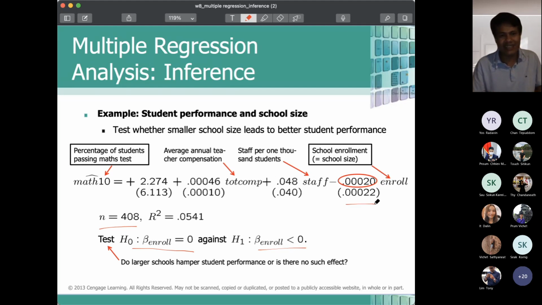You can construct t. What is the degrees of freedom in this case? Degrees of freedom is n minus k minus 1. What is the k here? k here is 1, 2, 3. Will you accept or reject the null hypothesis?